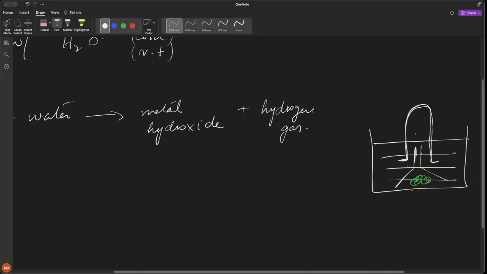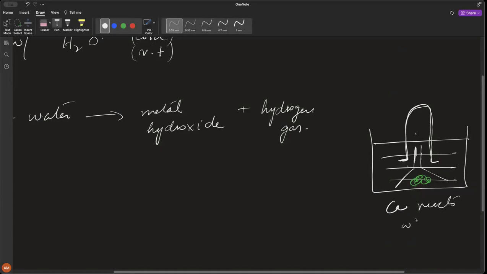For the metals that react with water, let's say copper. Sorry, not copper, calcium. Calcium, let's say, reacts with water.